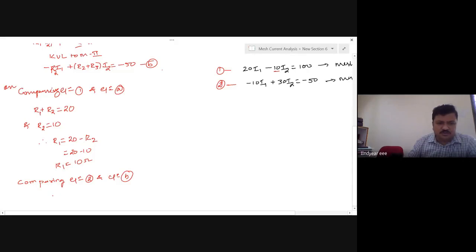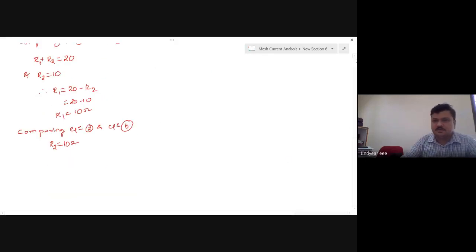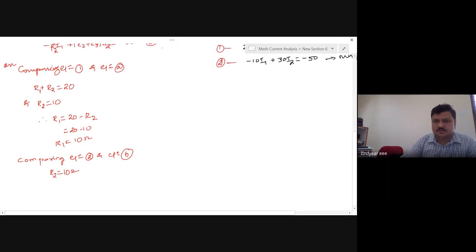So R2 is equal to 10 ohms and R2 plus R3 is equal to 30.